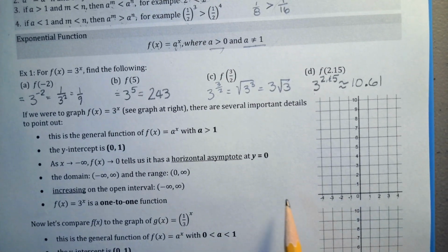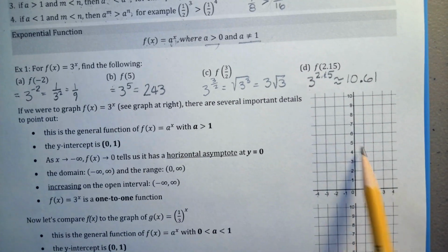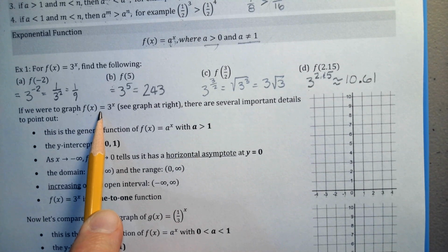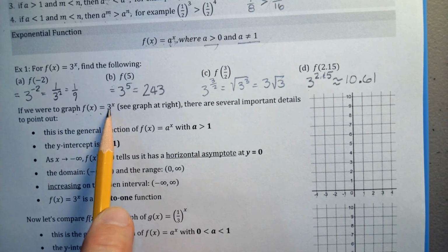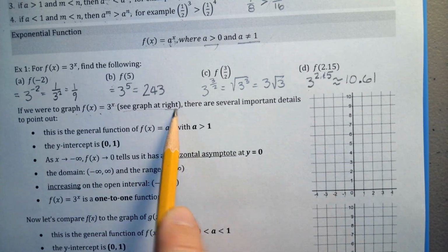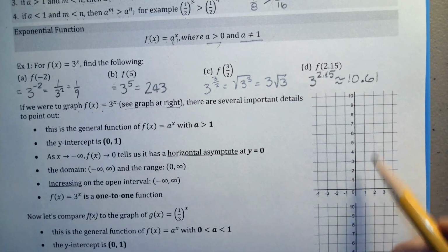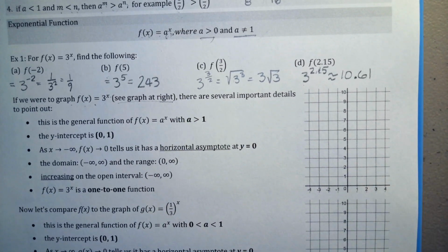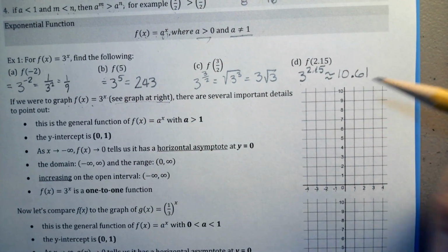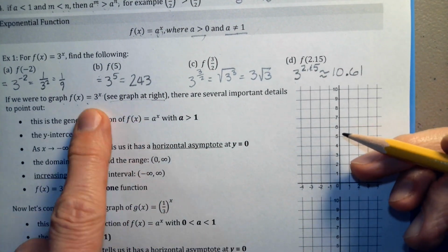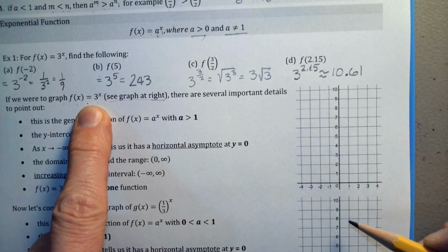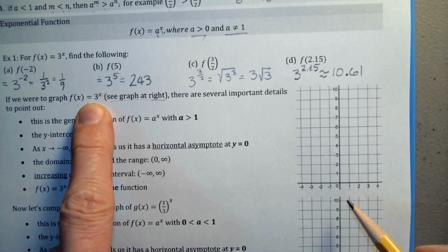All right, so let's look at making a little graph here. If we know the graph f of x equals 3 to the x, it says see graph at the right, but we're going to actually graph it over here. There are several important details to point out. So first let's make a graph. So think about x values. This will be the x, this will be f of x. So what if x is 0?